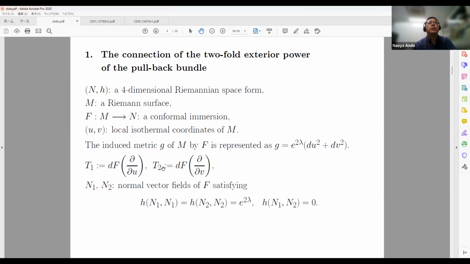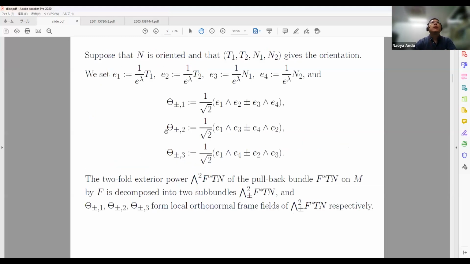Let T1, T2 be like this, and N1, N2 be normal vector fields of F, satisfying these conditions. In particular, N1 and N2 are orthogonal to each other. Suppose that the space N is oriented and that this ordered local frame field gives the orientation of the space.